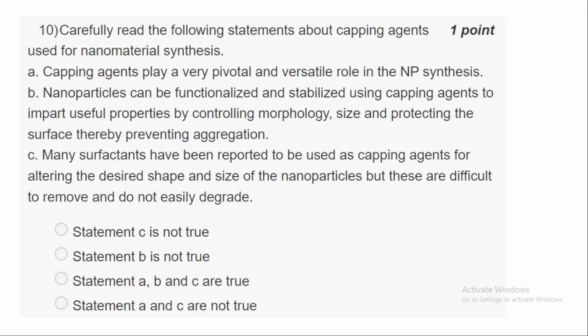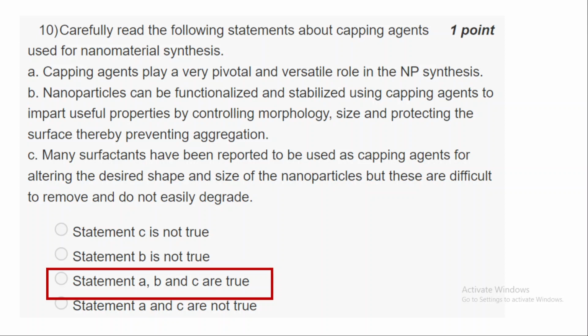So many students have answered option C, which is the correct answer again. All A, B, C are true. That means capping agents play a pivotal and versatile role in nanoparticle synthesis, and they also help in functionalizing and stabilizing the nanoparticle, control its morphology and size, and prevent aggregation on the surface of the nanoparticle.